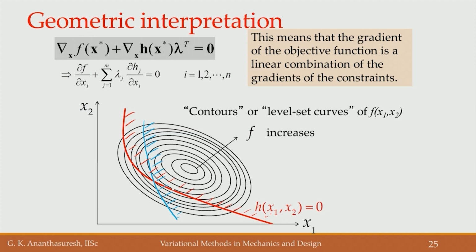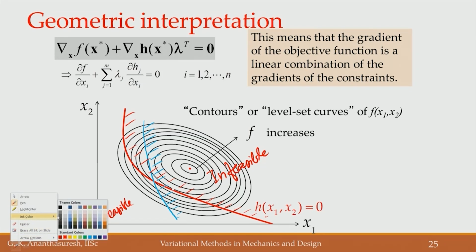For this f, which has a clear unconstrained minimum, unfortunately that is in the infeasible space. This side is feasible, this side is infeasible. So, on the feasible side we have to see where the optimum lies.